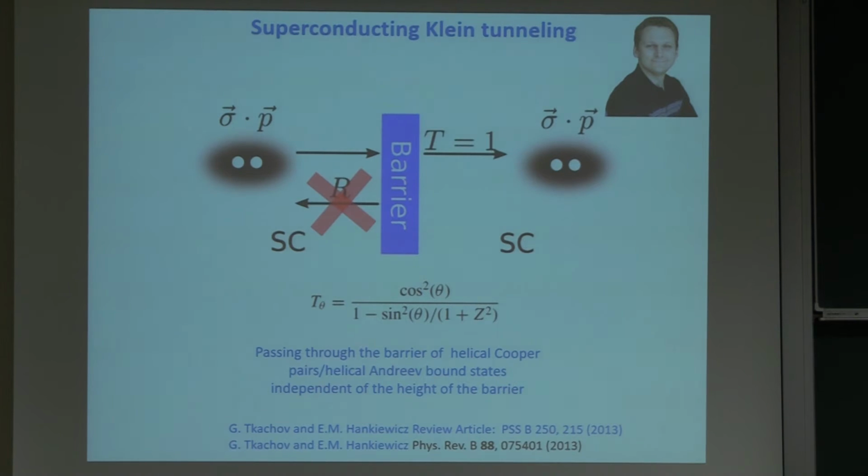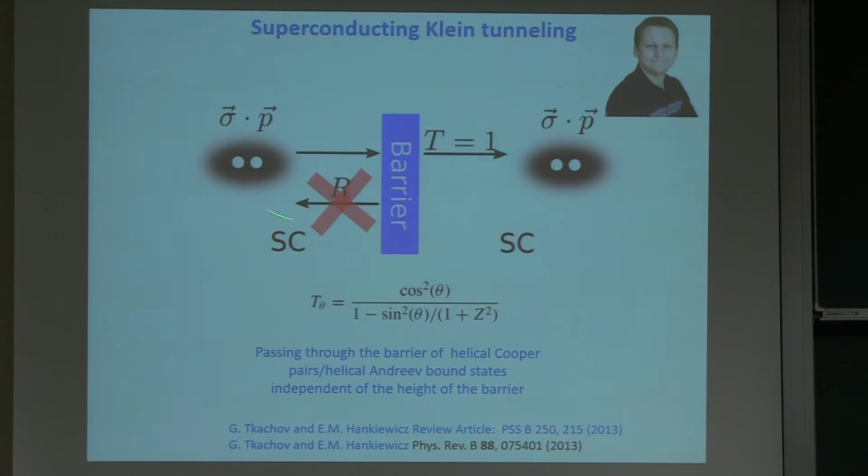That's what we did with Grigory Tkachov: we asked ourselves what could happen in this kind of system. We know from relativistic physics that in general it is possible for an electron to go through a barrier with a transmission of one. So here we have something similar, however, for superconducting pairs, or Cooper pairs.